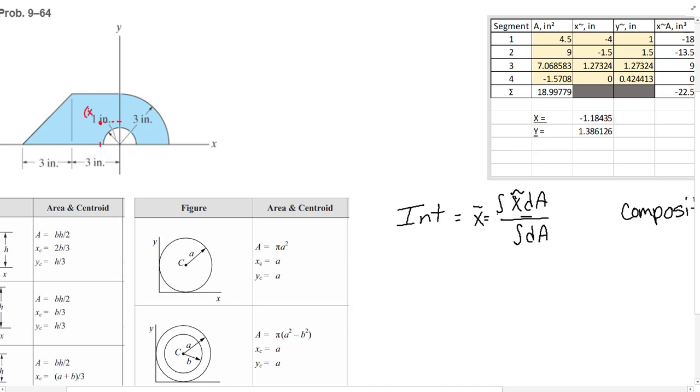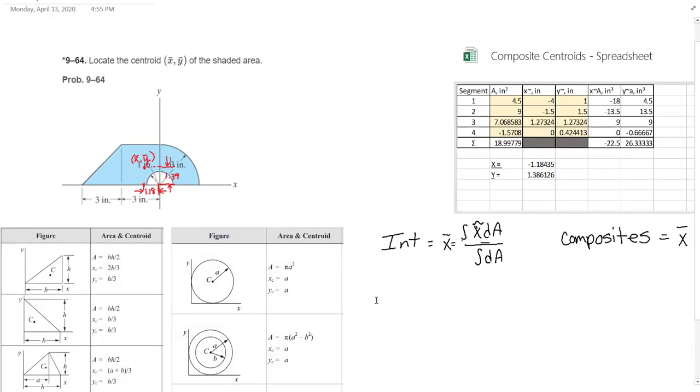So this is going to be X bar, Y bar of the entire location, and that equals 1.18 to the left of the Y-axis and 1.39 above the x-axis.